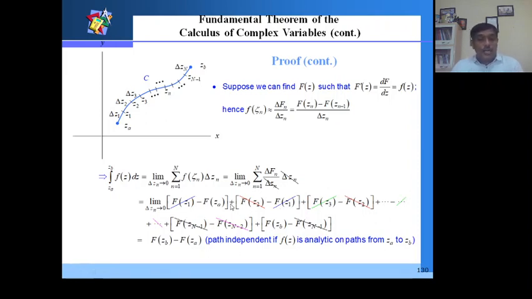Then finally what remains is F of zb minus F of za. That is the fundamental rule: the integral is path independent if f of z is analytic on the paths from za to zb.